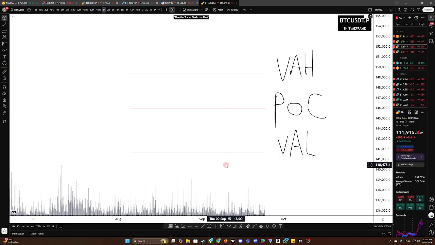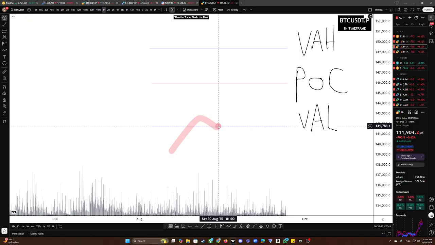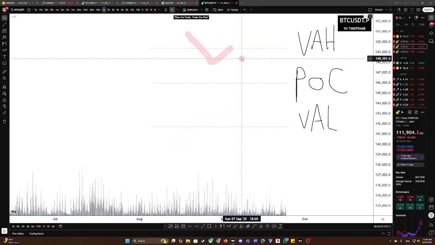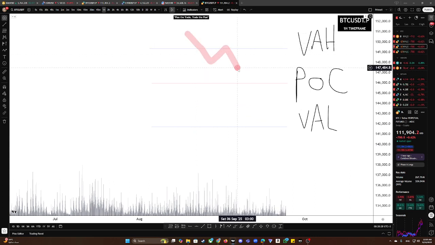There's also one thing that is very important to know about the value area, and it is that as soon as you start reclaiming a value area low or losing a value area high, it's always an indication that price is likely to go to the POC.